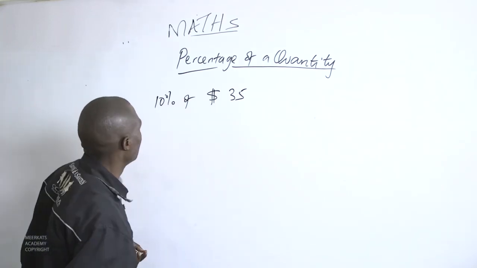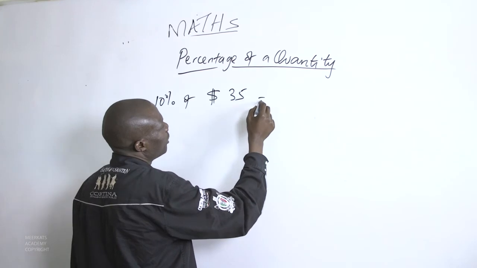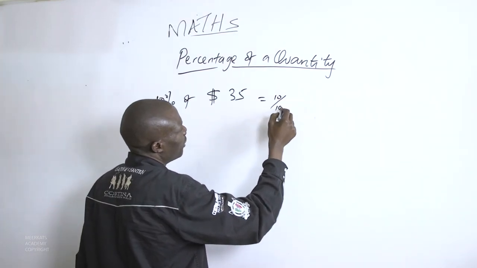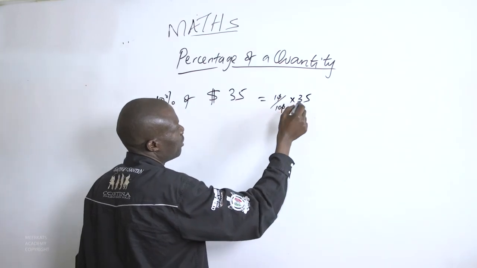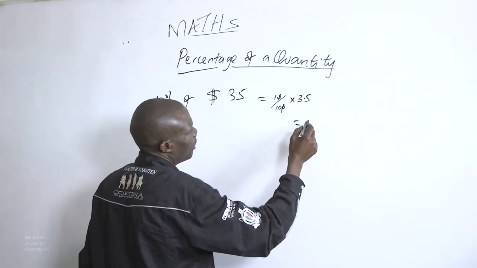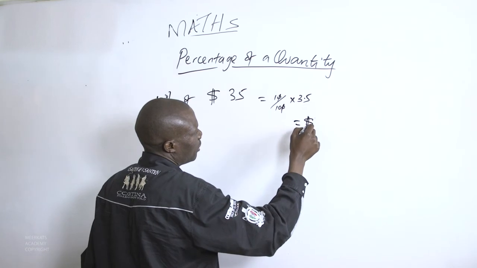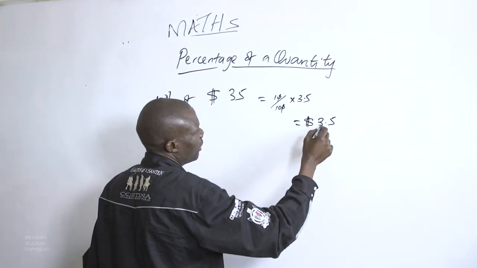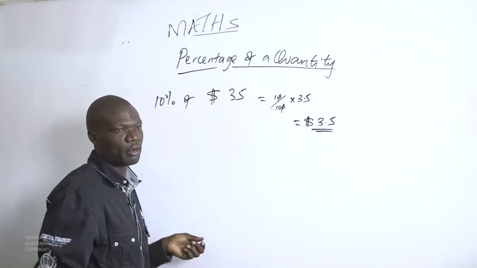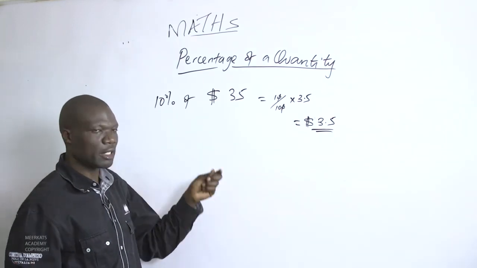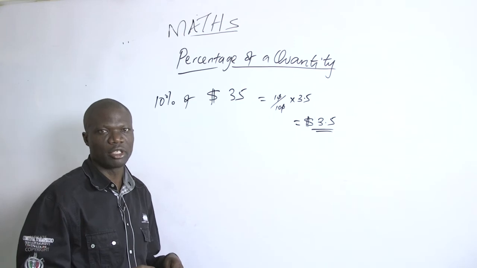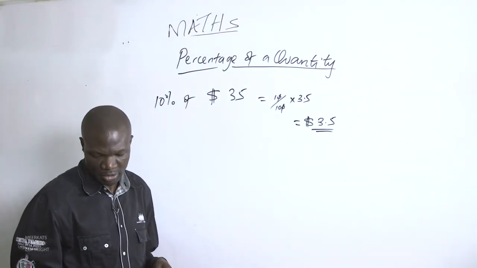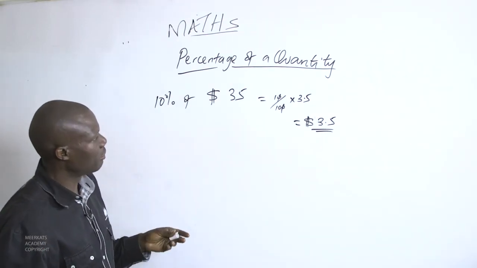This will be 10 over 100 times 35. You'll find that this gives us $3.5. Therefore, 10% of $35 is equivalent to 3.5.